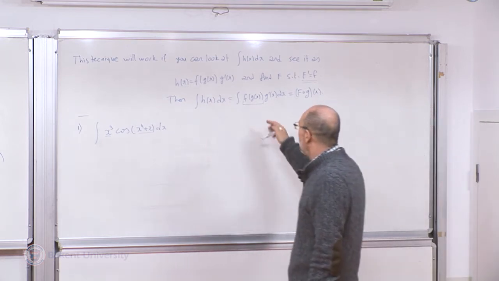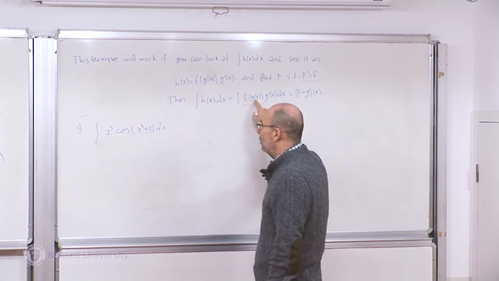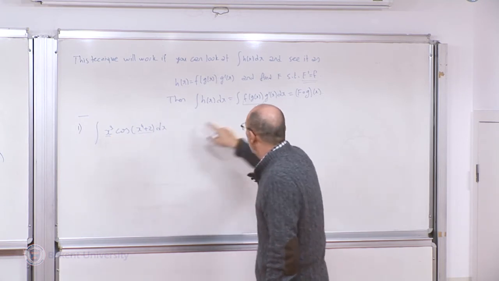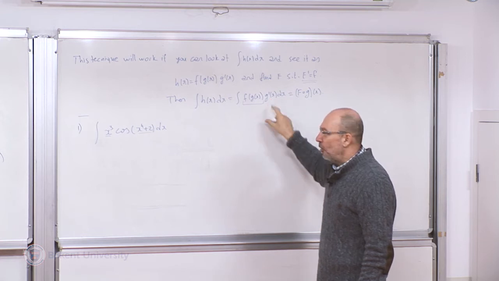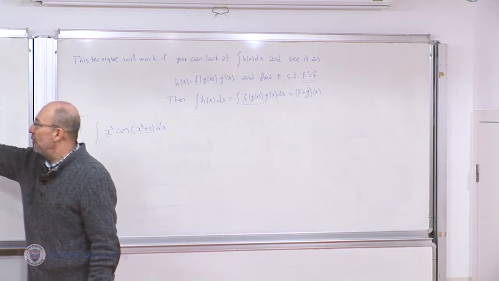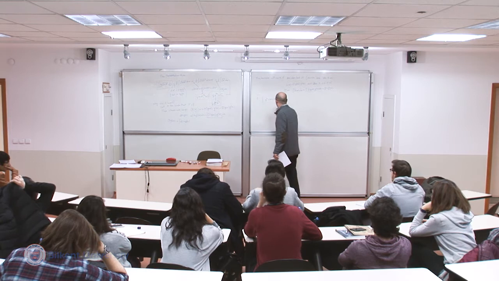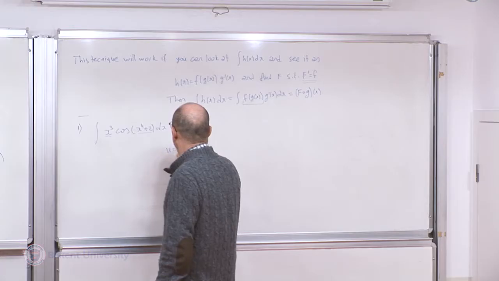So if cosine is my small f, inside is my g of x, I take the derivative of this and I check if g prime is here. That's here, so this works. Now, instead of going through all these intermediate steps, we immediately start with this step. So here you say put u equals x to the 4 plus 2.